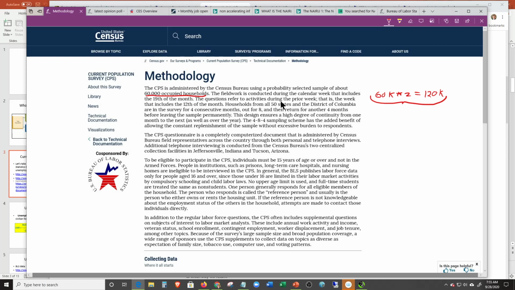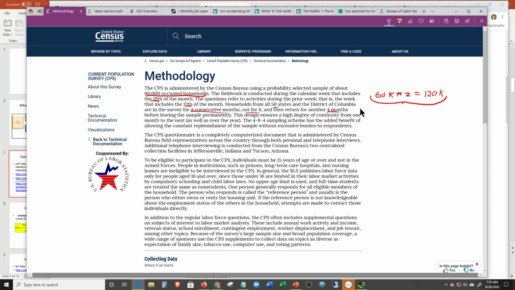60,000 households. Field work is conducted during the calendar week that includes the 19th of the month. The questions refer to activities during the prior week, that is, the week that includes the 12th of the month. Households from all 50 states and the District of Columbia are in the survey for 4 consecutive months, out for 8, and then back in for 4.